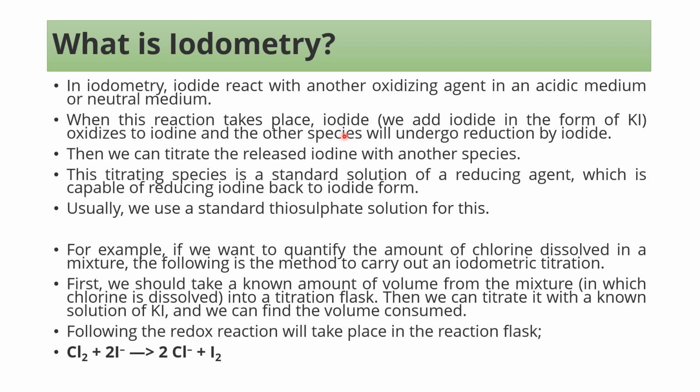When this reaction takes place, we add iodide in the form of KI, it oxidizes to iodine, and the other species will undergo reduction by iodide. Then we can titrate the released iodine with another species. This titrating species is a standard solution of a reducing agent which is capable of reducing iodine back to iodide form. Usually we use a standard thiosulfate solution for this.